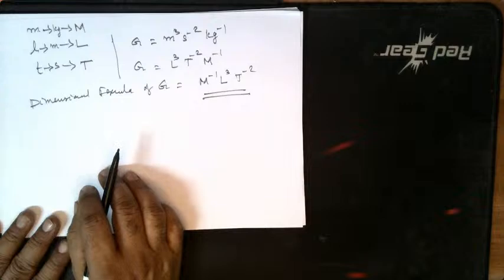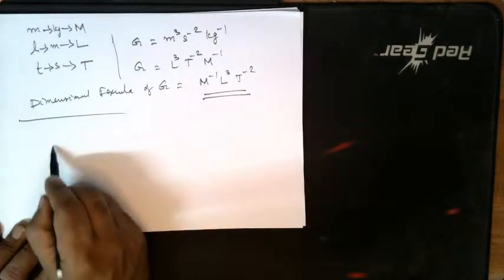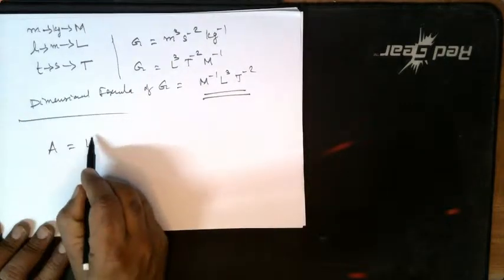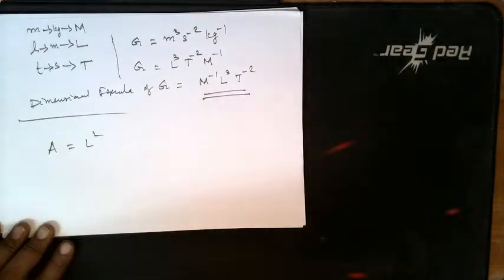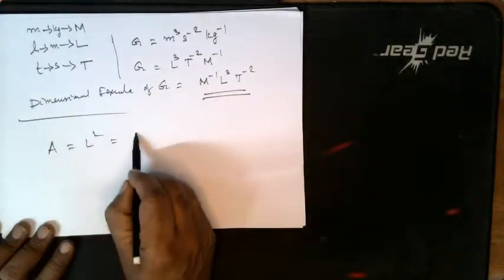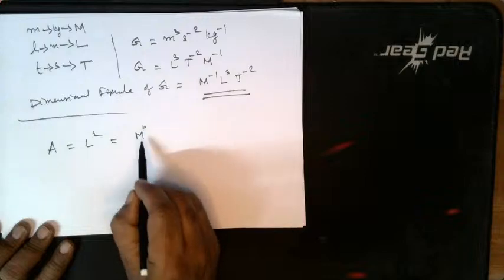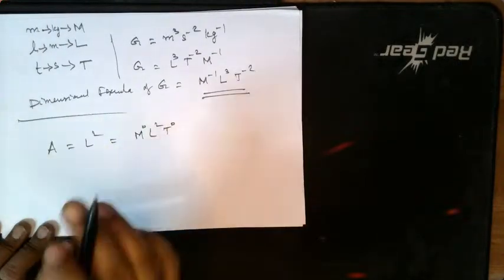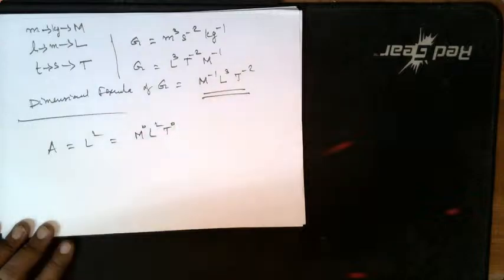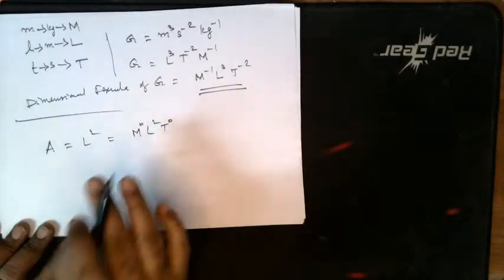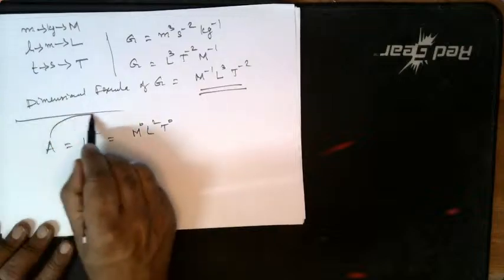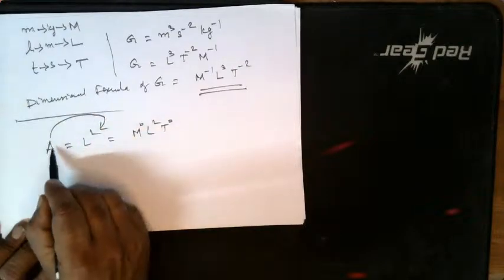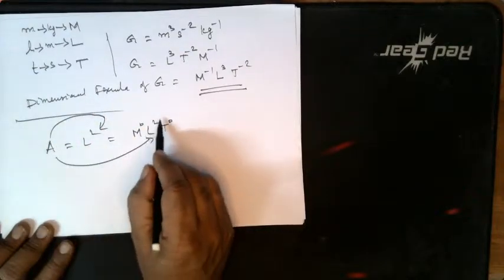Got it? Suppose it is area. What is area? Length into length, so L squared is the dimension formula. There is no mass here, but L squared is there, and there is no T here, so I can put M power 0, L squared, T power 0, because anything power 0 is equal to 1. So you can mention it as L squared or M power 0 L power 2 T power 0.